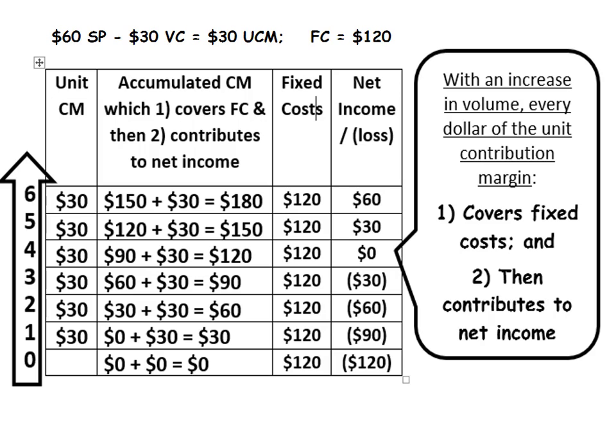So what this illustrates is that with an increase in volume, every dollar of the unit contribution margin first covers my fixed cost, which is between 0 and 3, and then it contributes to net income between a volume of 5 and 6, with a volume of 4 being my break-even point.